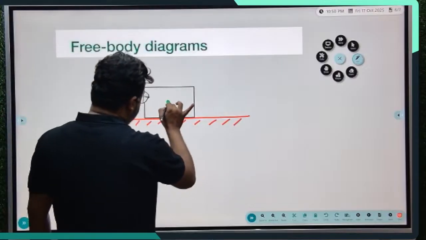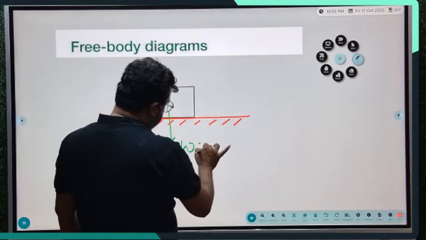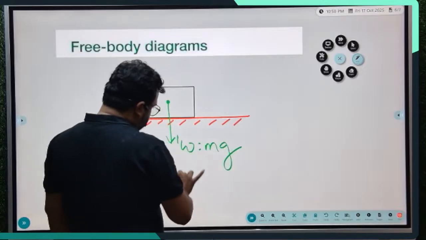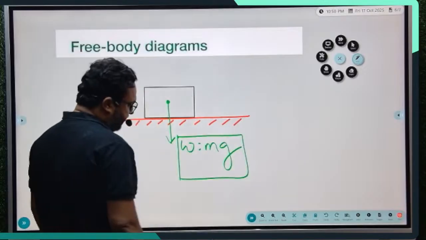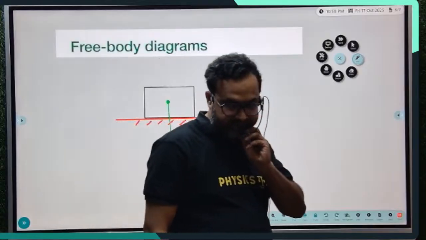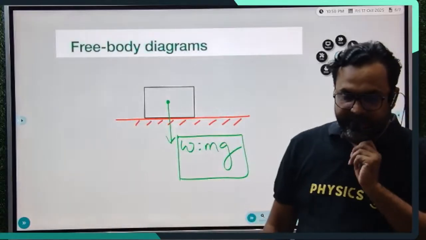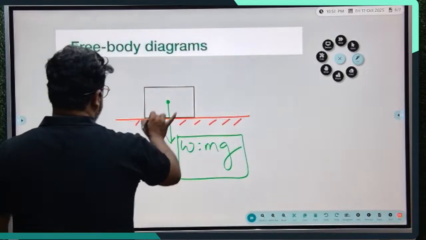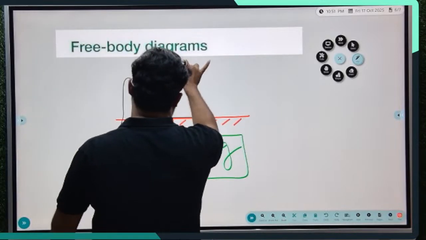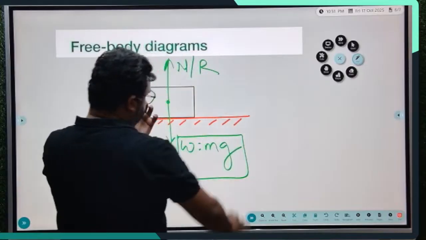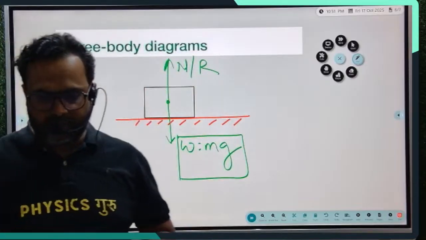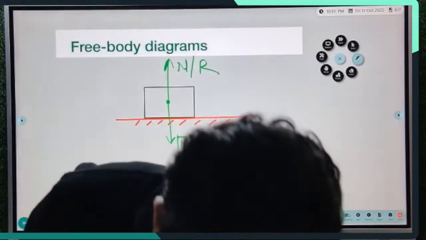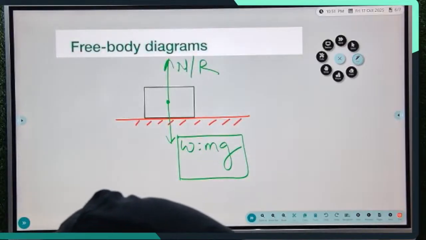The weight is W equal to mg, mass into g. The next one, the force acting perpendicular to the surface, is called the normal reaction. It is represented by the letter N or sometimes R.